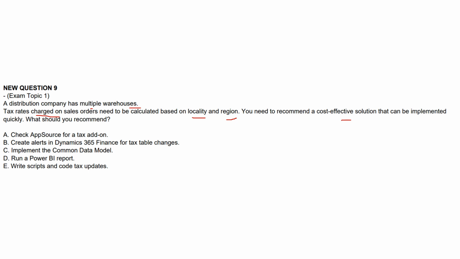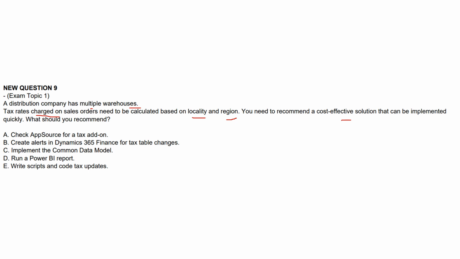First one is check AppSource for a tax add-on. Second one is create alerts in Dynamics 365 Finance for tax table changes. Third is implement the Common Data Model. Fourth is run a Power BI report. And fifth is write a script and code tax updates.